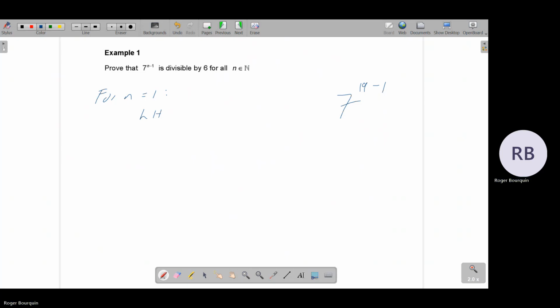For n is equal to 1, what do we get? We get 7 to the 1 plus 1, which is... not divisible by 6. Question over. Must be, for n an element, you must add a little thing here. n is bigger than or equal to 2.